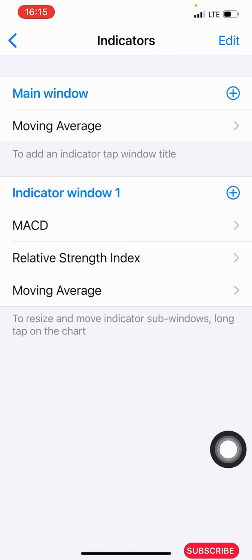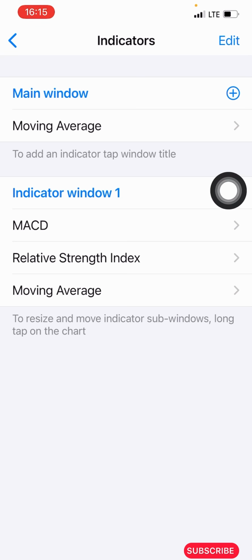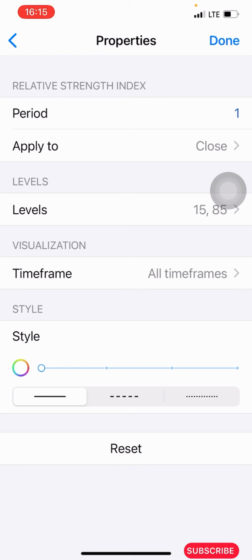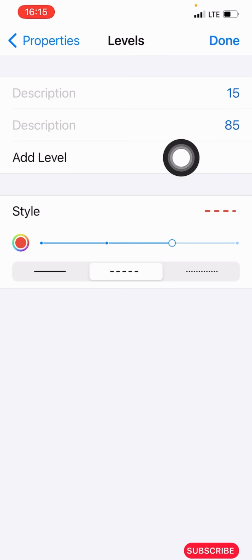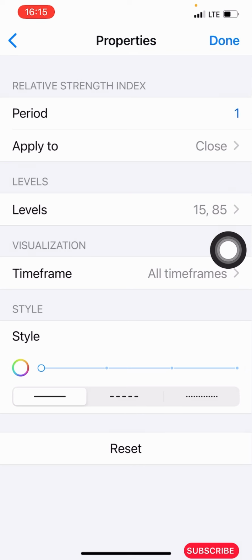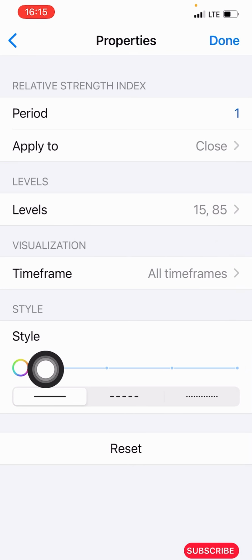The next indicator is the relative strength index. Click on this second plus icon to add it. Search for relative strength index, make the period 1, apply to is close. The levels, you make 15 and 85, the star is color red, 3 pixel, and click on done. The time frame is all time frame; you make the star the color of your background, 1 pixel, and click on done.